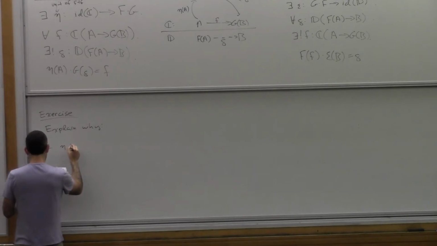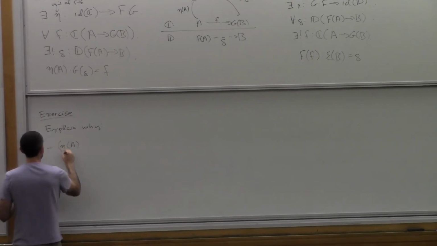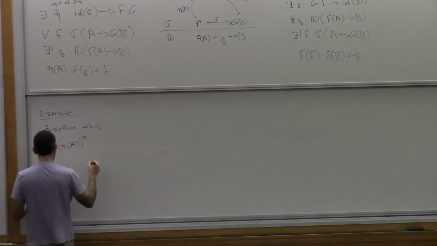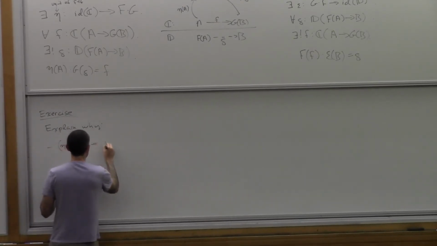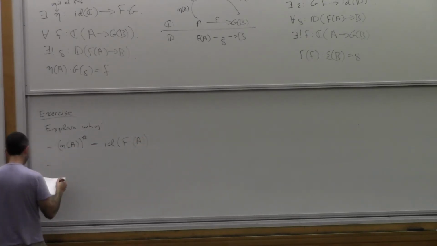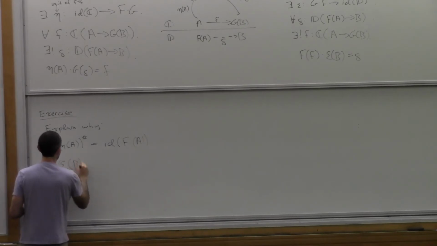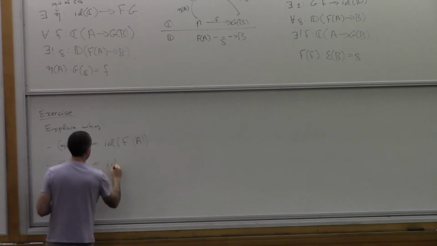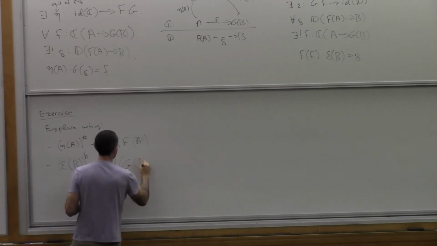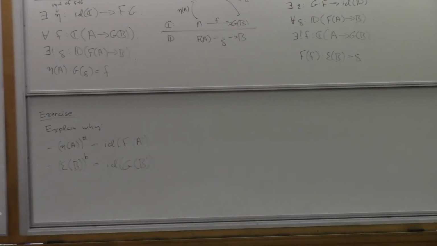If I take a component of the unit at some object, and I sharpen it, I take its adjoint transpose, then that should be the identity arrow on F of A. Right? So just like that. And similarly, if I take a component of the co-unit of the adjunction at some object, and I flatten it, that should be the identity of the G image of that. Okay? And I'll give you a hint.